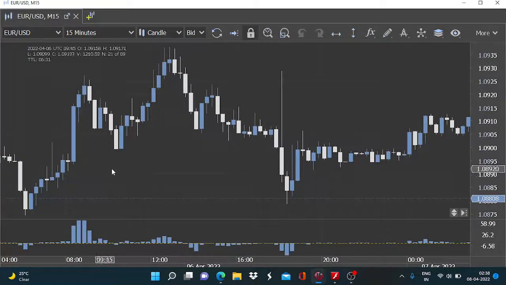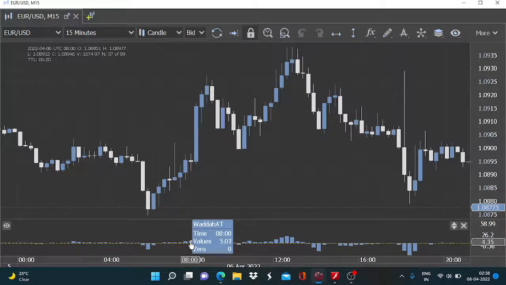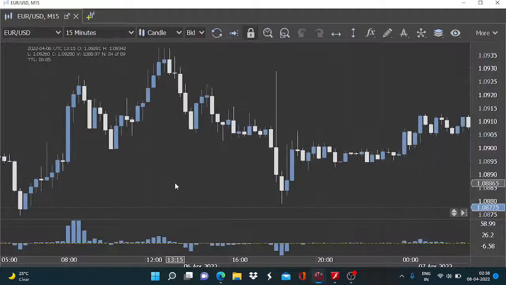So when we see the output value rising above 25 in the last 15-minute candle, we will look to initiate the buy trade, provided the candle which closed an hour back was in negative territory for the Waddah 80. So that means the momentum is now changing from bearish to bullish, and it is changing with quite a strong trend.